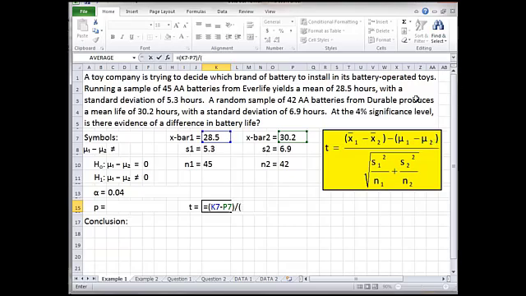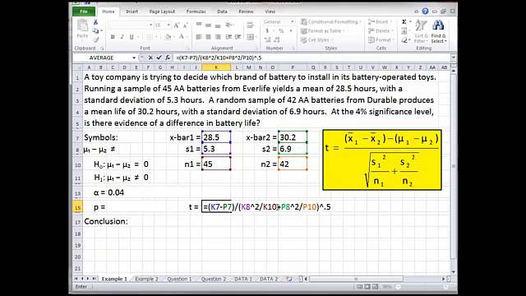So starting with brackets, we have the standard deviation of the first data set squared divided by its sample size, plus the standard deviation of the second data set squared divided by its sample size. And then we want the square root of that entire thing. Always easiest to use as few brackets as possible.